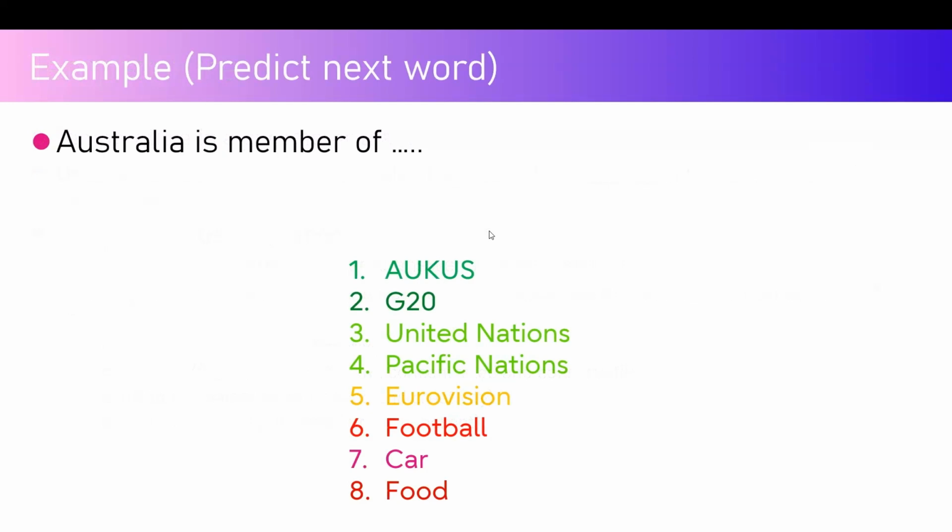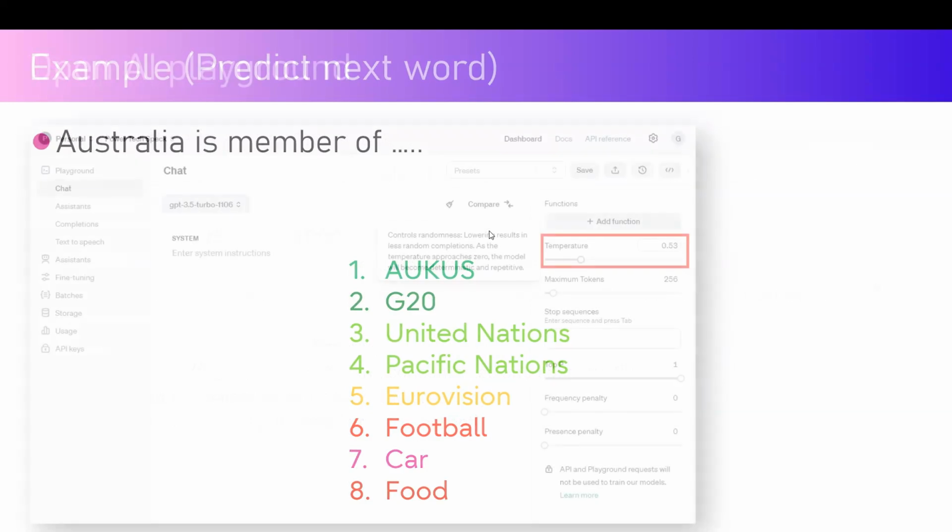If you tune your model in such a way that you want a precise response, then it will clearly give you an answer: Australia is a member of, say, AUKUS alliance, or it's a part of the G20 group or United Nations. There is a very small chance that the answer would be food or car or something else, which really doesn't make sense.